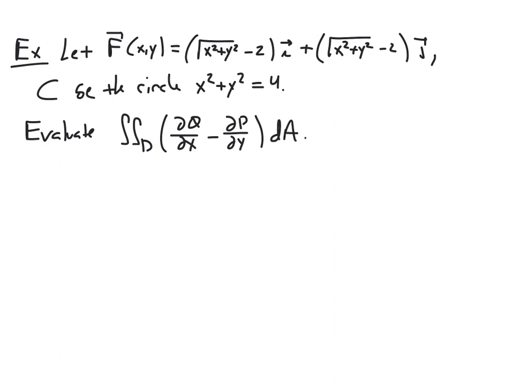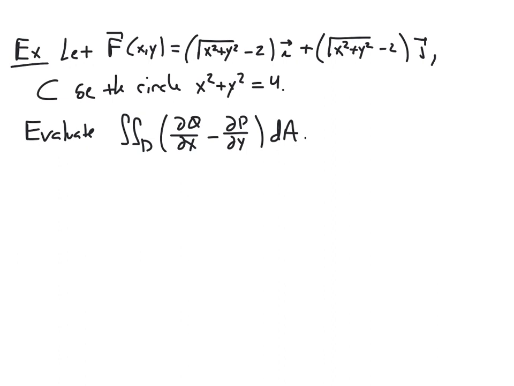So you could think about how you would compute this double integral just as a double integral using Fubini's theorem and iterated integrals. We would want to compute the appropriate derivatives here, del Q del x and del P del y. And those are both computable with what we have given, but notice that we are going to get some complicated derivatives.